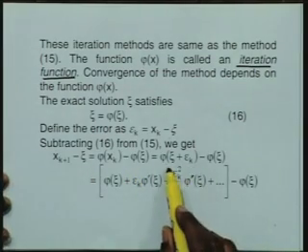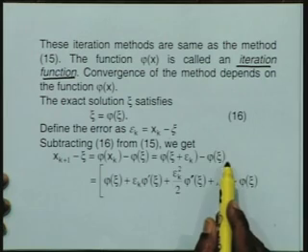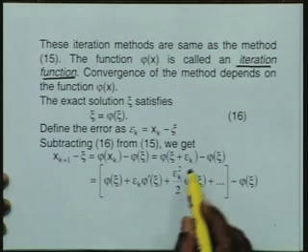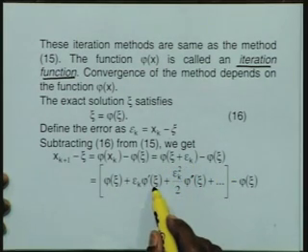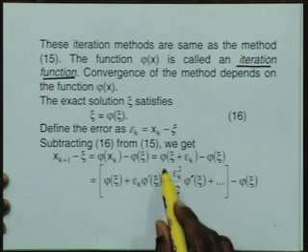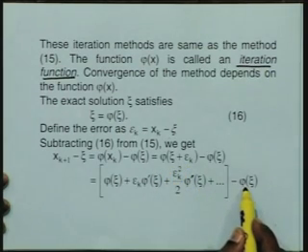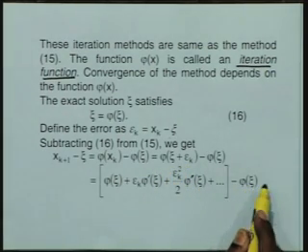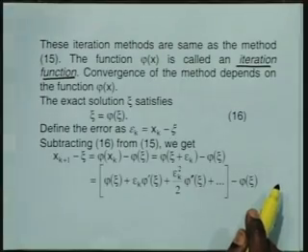So, let us open it up, phi of xi plus epsilon_k by Taylor series. I will have phi of xi, plus epsilon_k phi dash of xi, plus half epsilon_k squared phi double dash of xi, plus so on, minus xi. Now, we do not need to write down more terms than this.